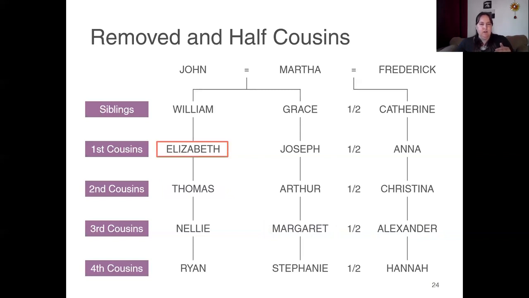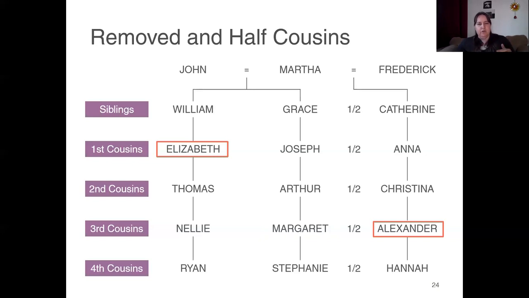Well, try it on your own. So stop for a second, and consider how Elizabeth and Alexander are related. Elizabeth and Alexander only share one ancestor in common, Martha, so they are going to be half cousins. And Elizabeth and Alexander are at different generational levels.